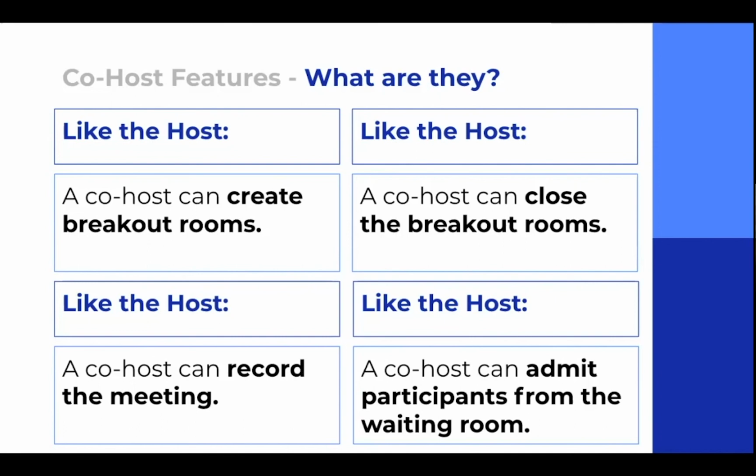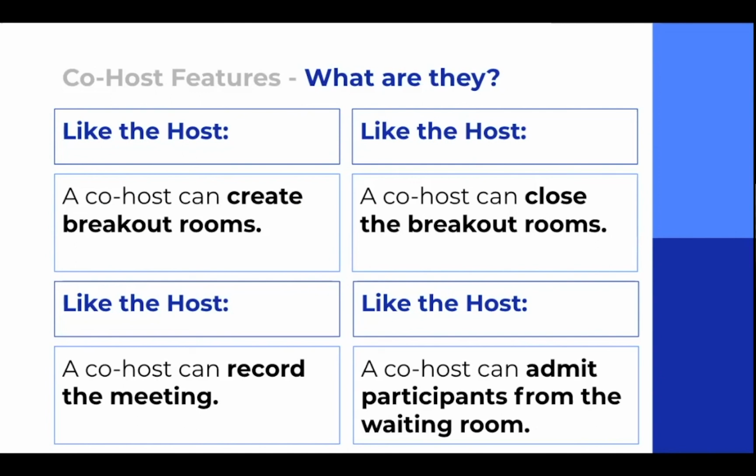The last two features that you can access as a co-host is the ability to record a meeting. So if you're a co-host and you would like to record the meeting, you do have the ability to do that, and you will follow the exact same steps that we talked about earlier. And lastly, if you are a co-host and you would like to admit people in the waiting room, you're also able to do that.